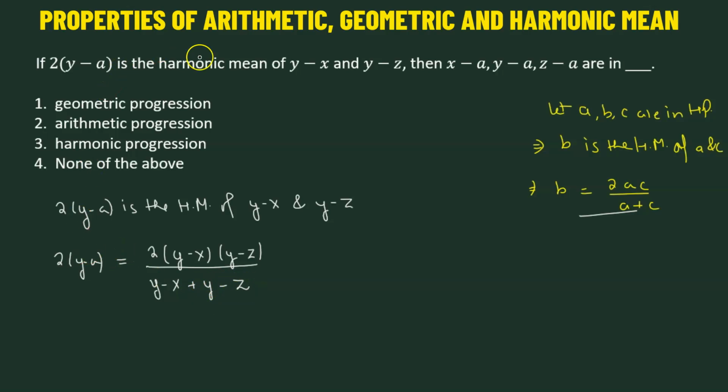Now we can factor out 2 from both sides. Fine. So this will be y minus a multiplied by, we combine this to get 2 times y, so we have 2y minus x minus z, and this will be equal to y minus x times y minus z.